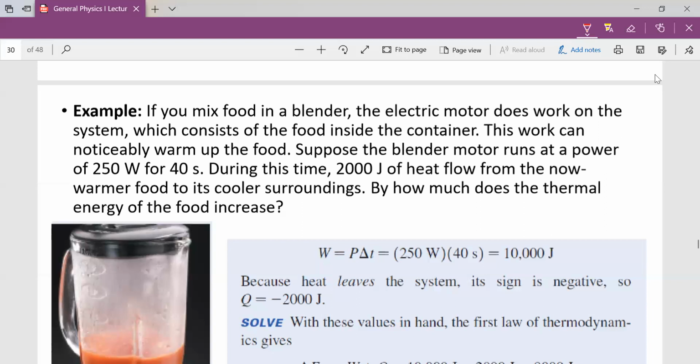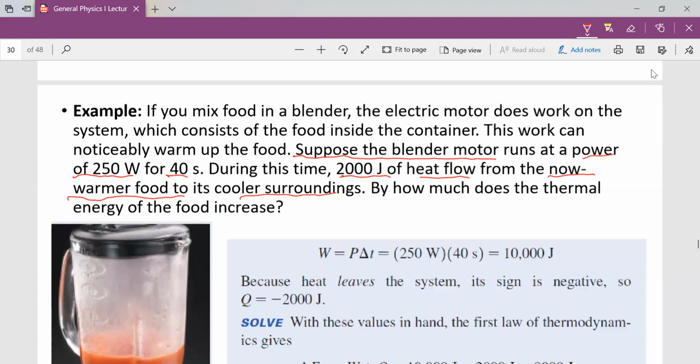So suppose the blender motor runs at a power of 250 watts for 40 seconds. During this time, 2,000 joules of heat flows from the now warmer food to its cooling surrounding.